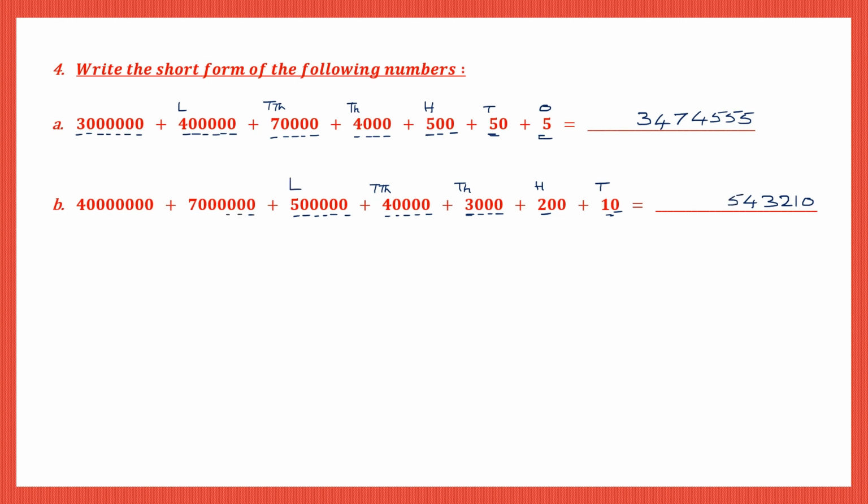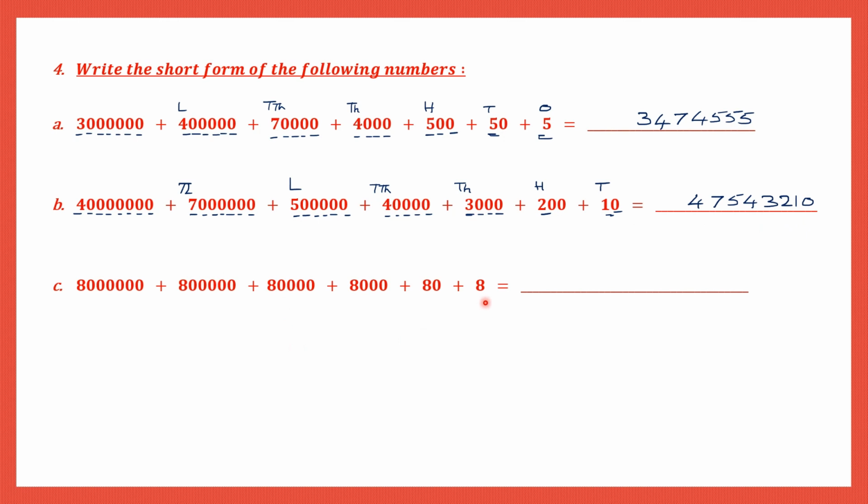Ones, tens, hundreds, thousands, 10,000, lakh, 10 lakh. In the 10 lakhs place, we have 7. Ones, tens, hundreds, thousands, 10,000s, lakh, 10 lakh, crore. In the crores place, we have 4. So what is our answer? We have 4 crore 75 lakh 43,210.